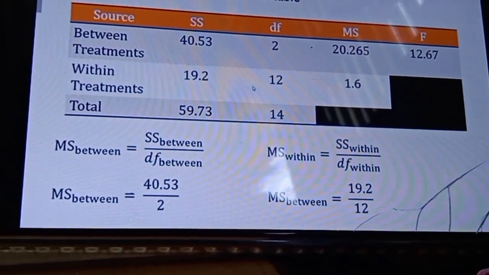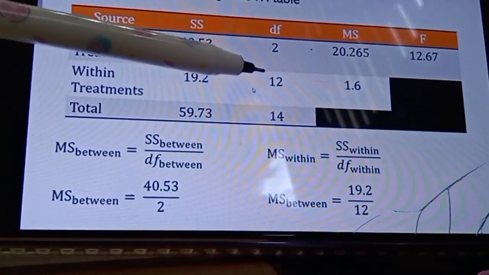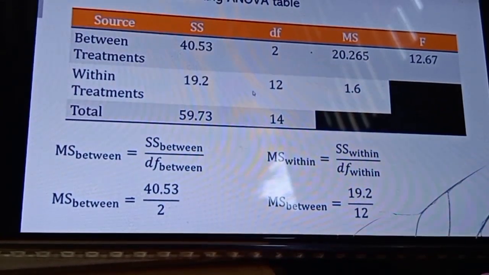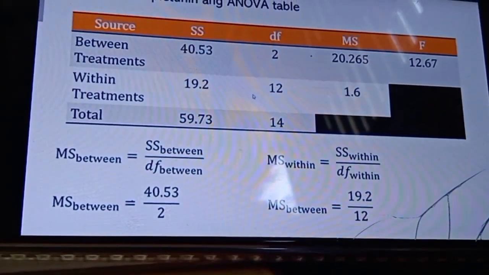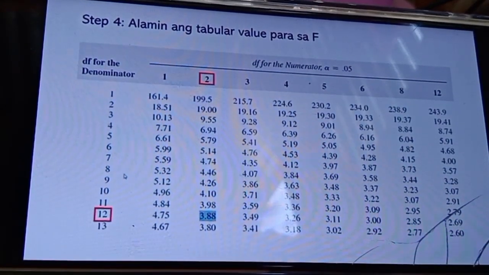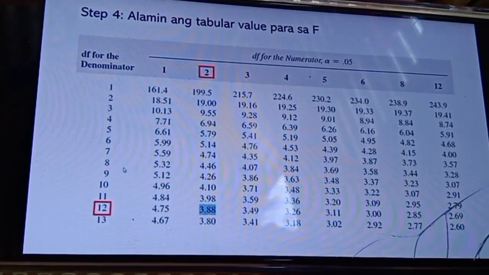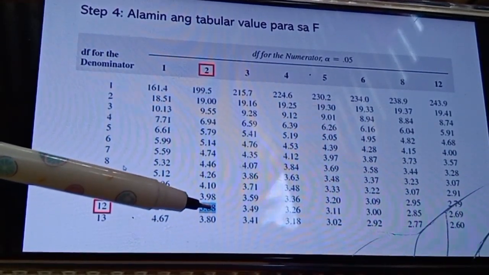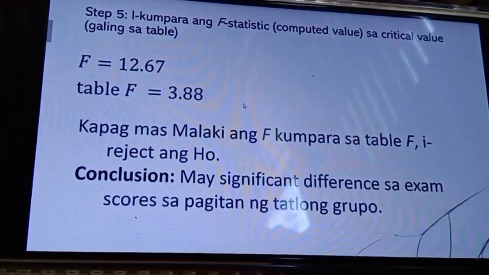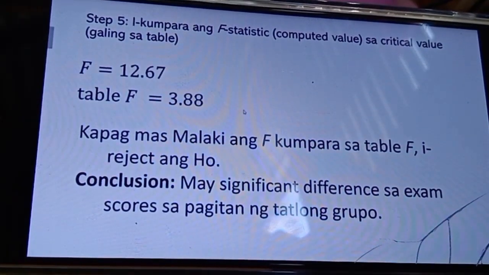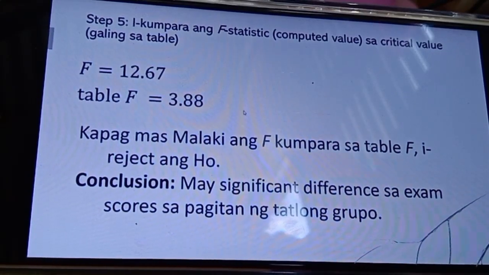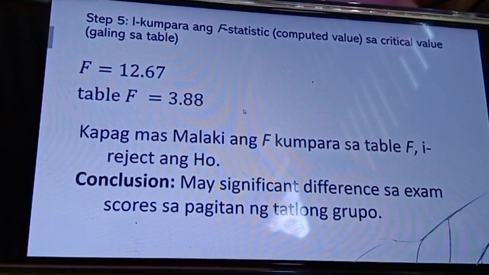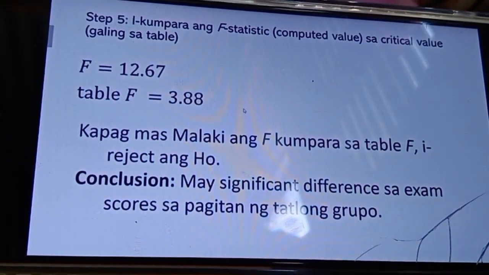At ang df for the denominator, yan naman po is yung within treatments, yung 12. So, ang gagawin is hahanapin nyo kung saan nagtatagpo yung 2 and yung 12. So, sa 3.88.